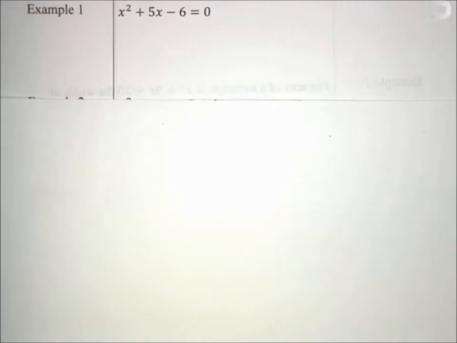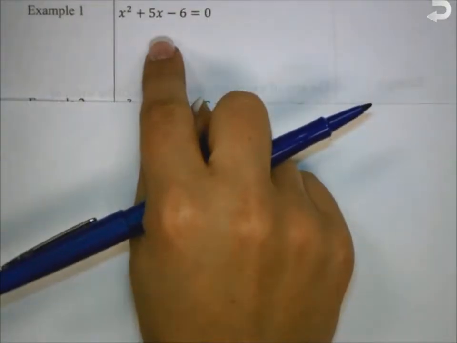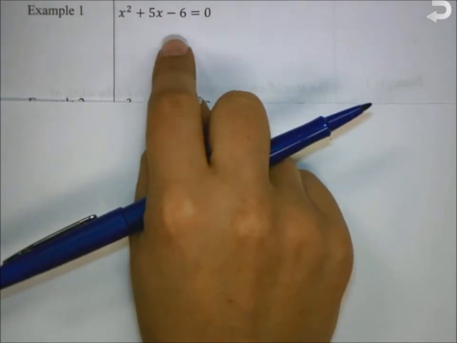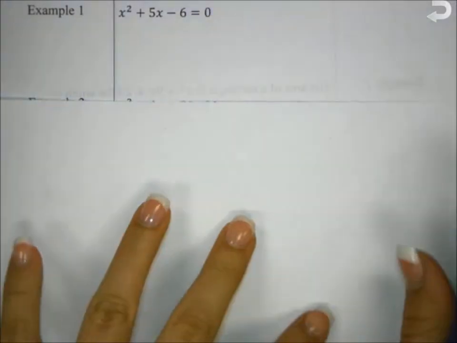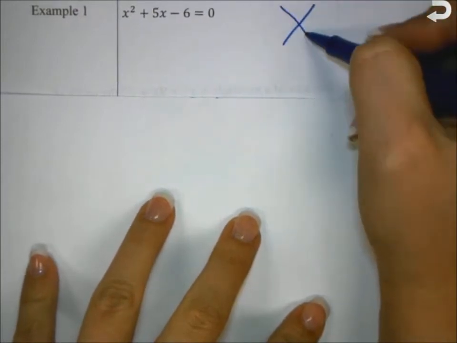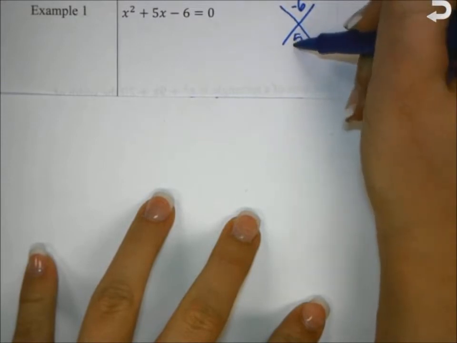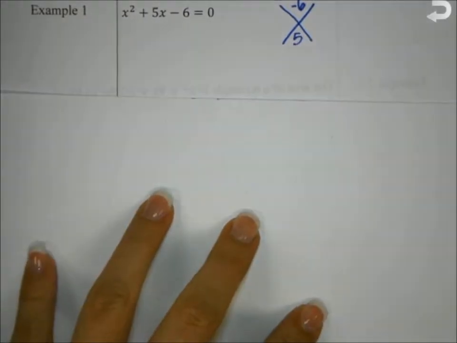What method am I going to use for this to factor? Diamond method. Okay, so I'm looking for two numbers that multiply to negative 6 and add up to 5. What are those two numbers? Negative 3 and 2. No. Negative 1.